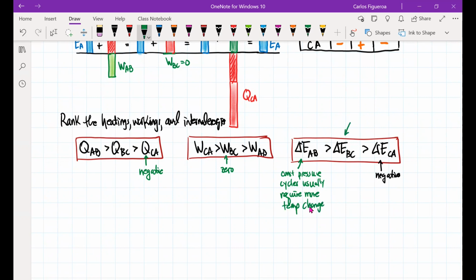Whereas in this case, this is a constant volume heating. Heating usually requires less. And that's a pretty good rule of thumb.